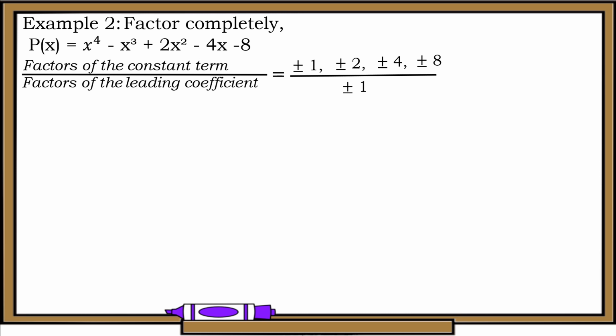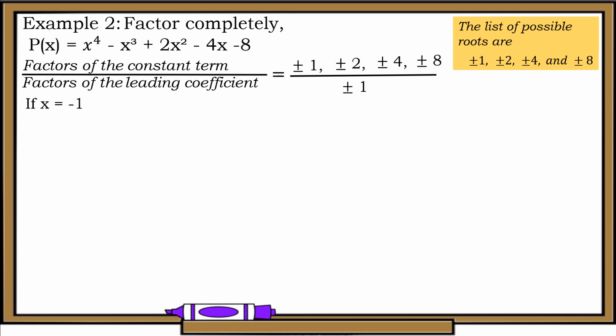Now, divide each of the factors of the constant term to each of the factors of the leading coefficient to get the list of possible roots. So, the list of possible roots are positive and negative 1, positive negative 2, positive negative 4, and positive negative 8.